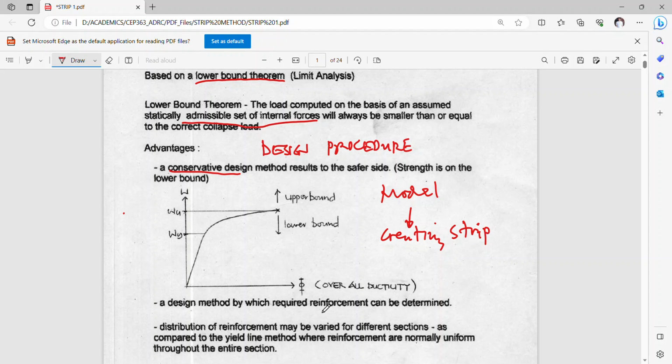So for your capacity versus curvature relationship, we can make this in terms of load capacities versus deformation in terms of curvature or rotation.